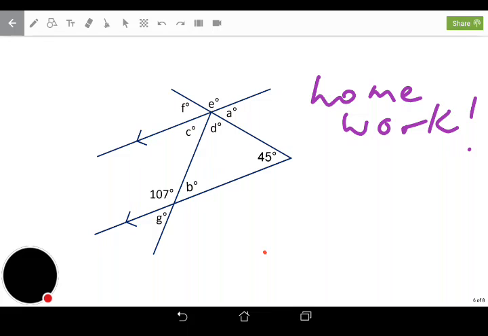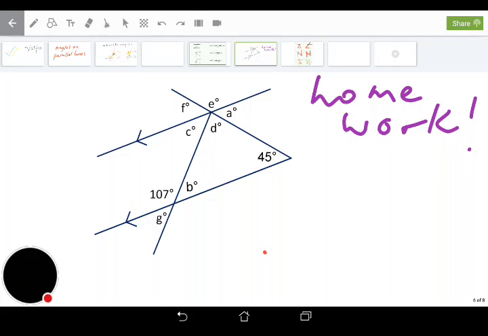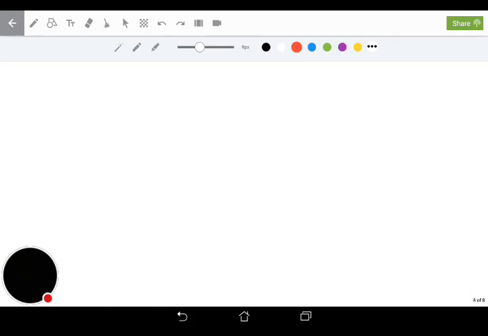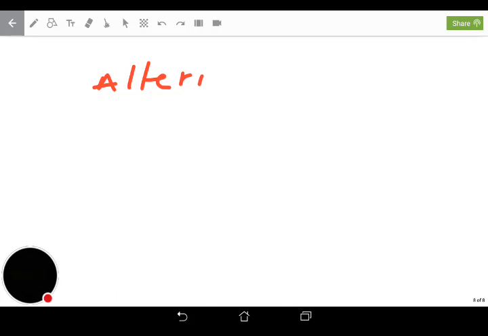So today we have discussed 4 different types of angles, and it is important that you do know the angles and the reasons behind why we would label which angle what. So we've got alternate angles, corresponding angles, vertically opposite angles, and co-interior angles. I'll actually just write them down for you here again. So it is, number 1, alternate angles.